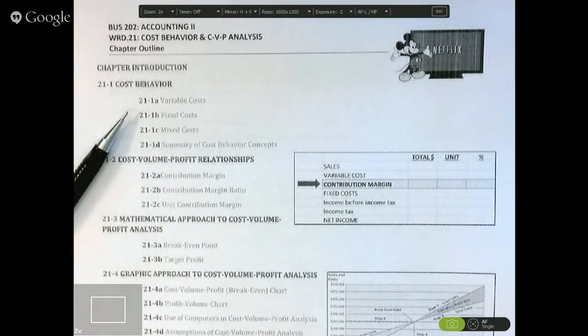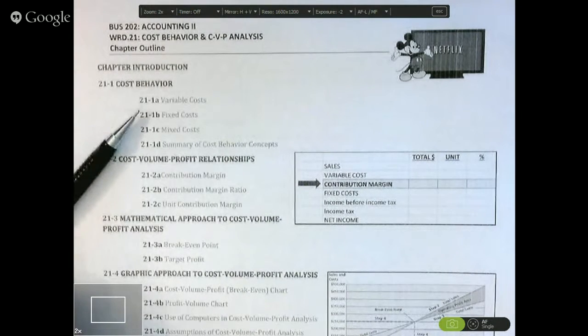One, managers make decisions about the level of activity. The level of activity will influence the up and down movement of variable costs. The second broad type of decision that managers make is about time. The length of time a certain commitment will last.